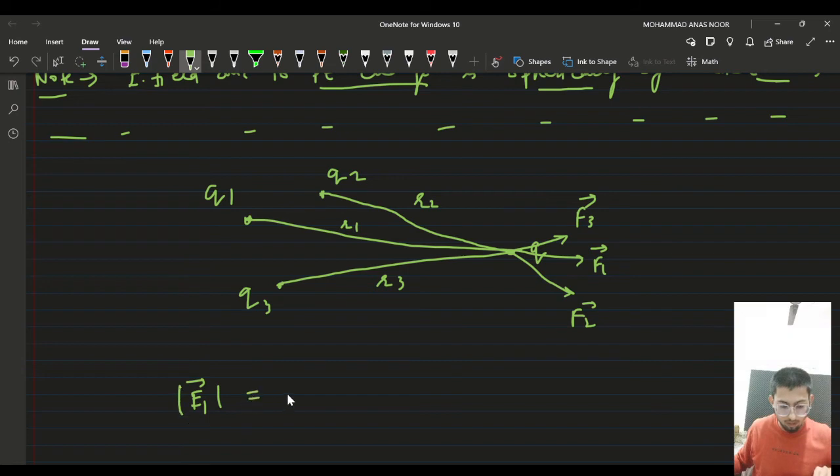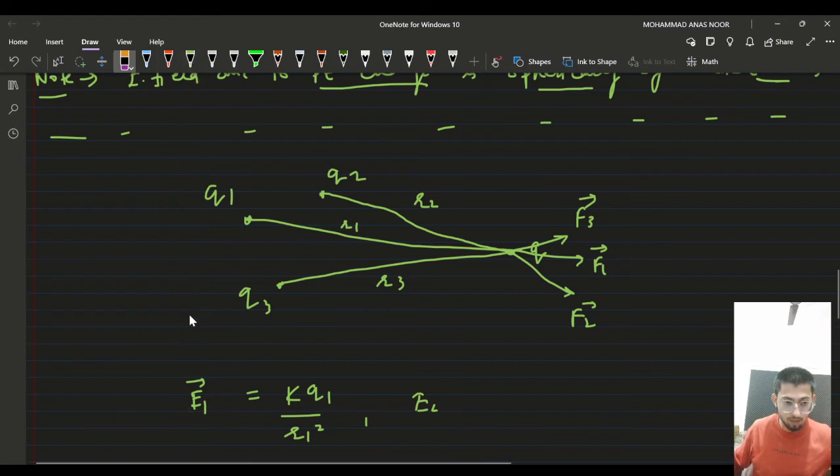So E1 would be K Q1 by R1 square. E2 would be K Q2 by R2 square. Let's remove the magnitude symbol; suppose we are finding the electric field vector itself, so that would take in the R unit vector here, R1 cap.